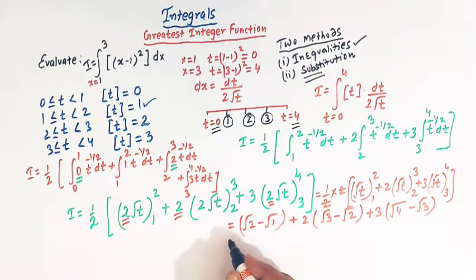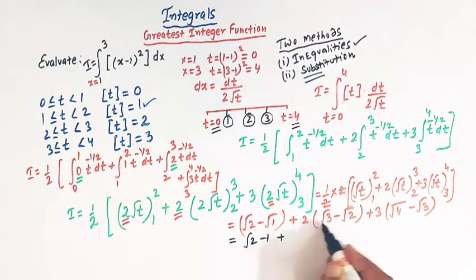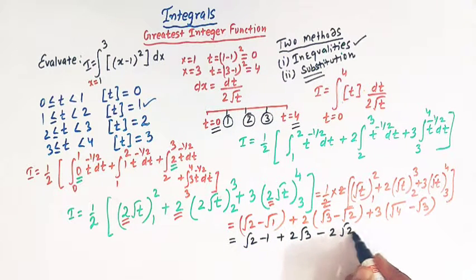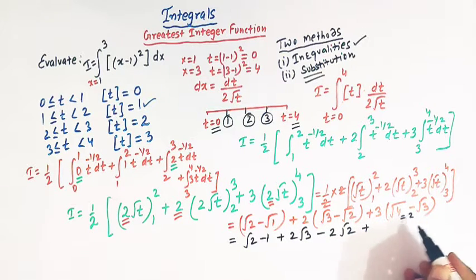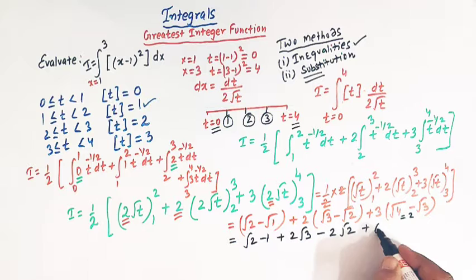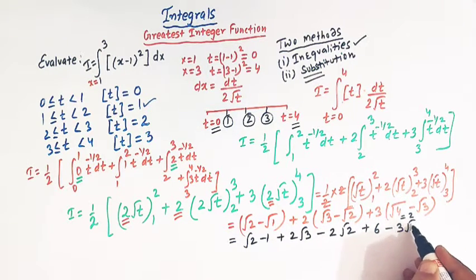So now we can simplify it. We have square root of 2 minus 1. Then we have 2 root 3 minus 2 root 2. Then square root of 4 is 2, so 3 times 2 is 6, and minus 3 root 3.